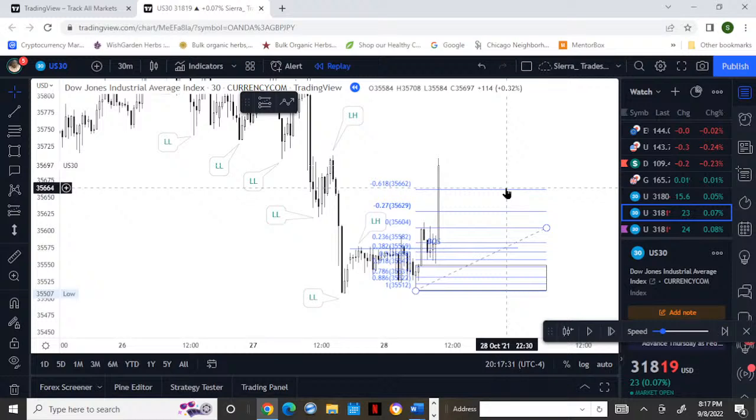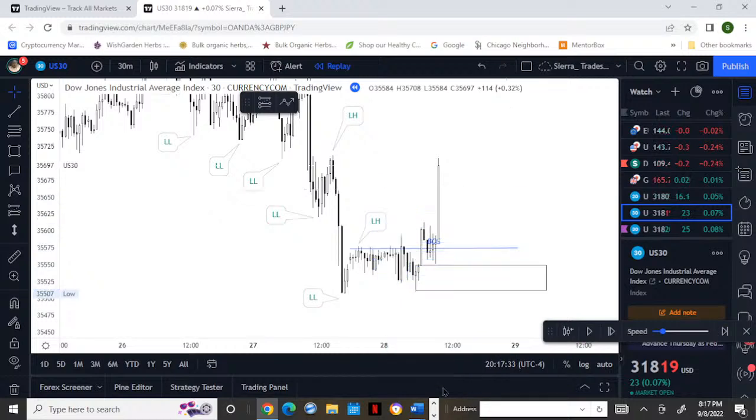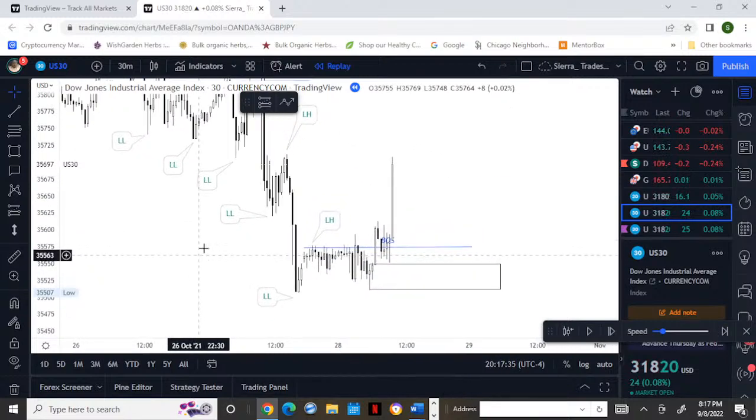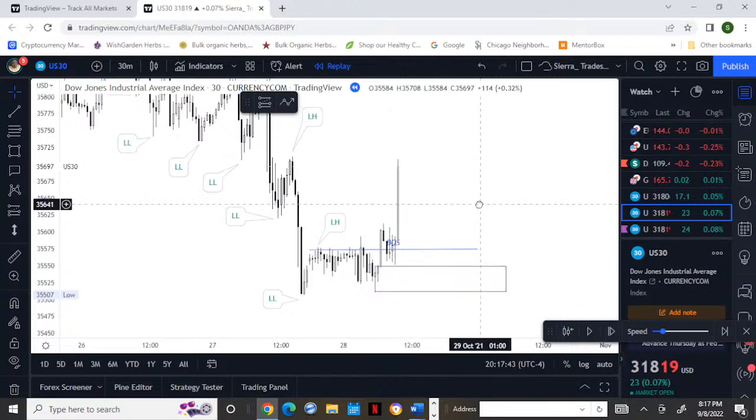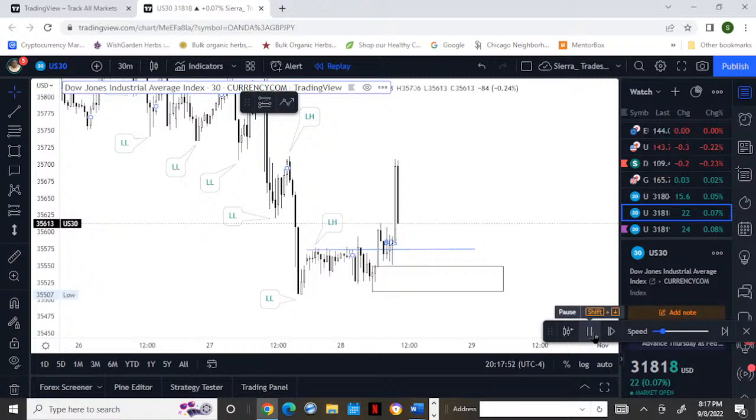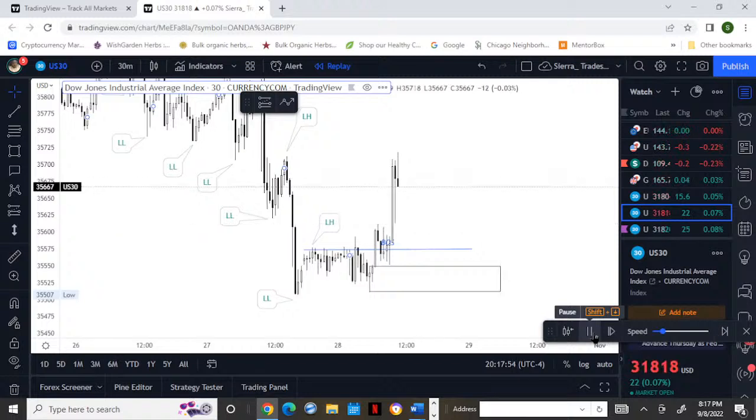All right, so now we would be looking for another pullback to come back and retest this structure, or just a correction, because this was definitely impulse. And look at here.